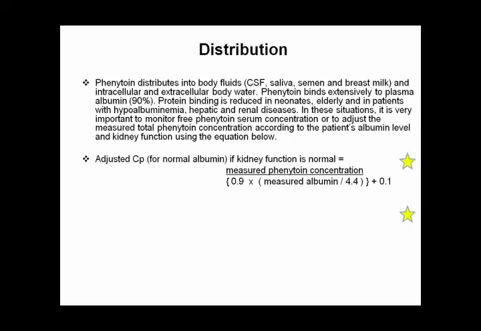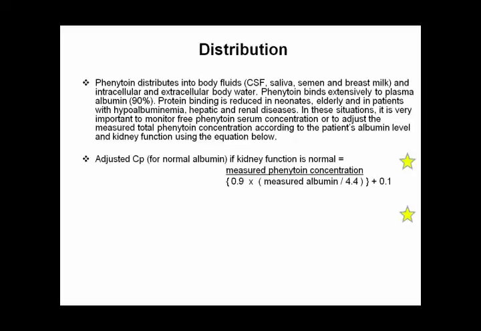And we call this the adjusted plasma concentration for normal albumin, which means we are adjusting the measured total phenytoin according to the measured low albumin.